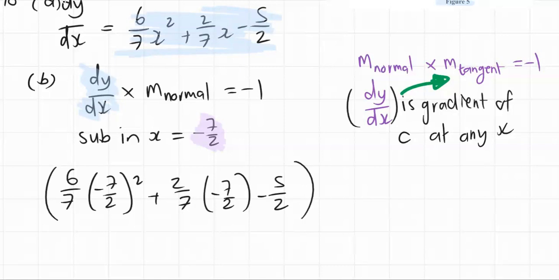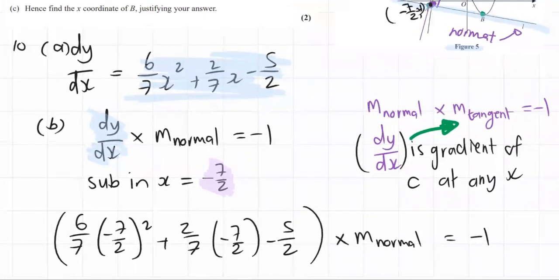And all of this, we need to times by the m of the normal, which will get us -1. Okay. So all of this was the goal of this. We just lost track of my goal here.